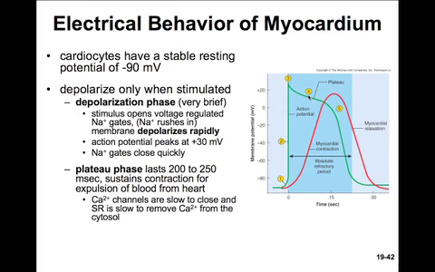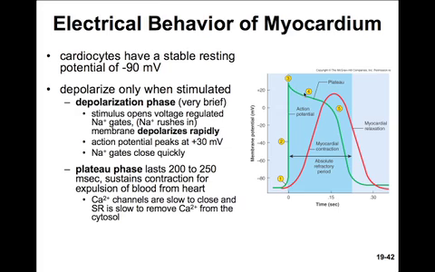The plateau exists because slow calcium channels are allowing calcium to enter the cell. Because they're slow, it prolongs the depolarization of the membrane. It's also a positive charge moving into the cell, so we're maintaining this depolarized state. Now, there's a slight decrease in the plateau because there are potassium channels, and potassium is rushing out of the cell.